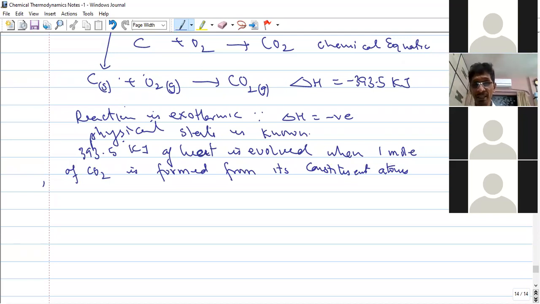So 393.5 kilojoules of heat is evolved when 1 mole of carbon dioxide is formed. Why 1 mole? Because the coefficient of carbon dioxide is 1. Nothing written means 1.